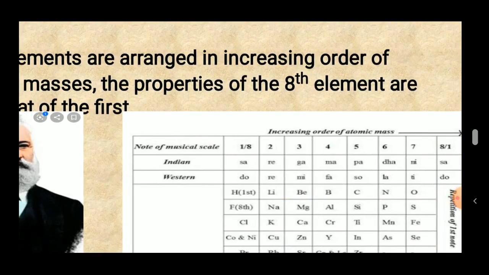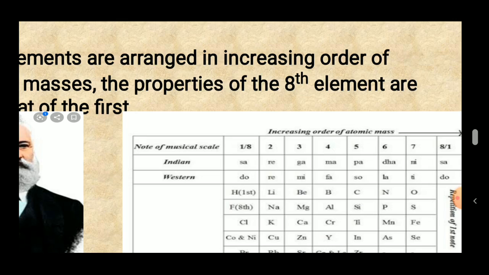In the same way, if I start with lithium as number 1, lithium 1, beryllium 2, boron 3, and so on up to 8, the 8th element is sodium. The first element is lithium, the 8th element is sodium, so the properties of lithium and sodium are almost similar.